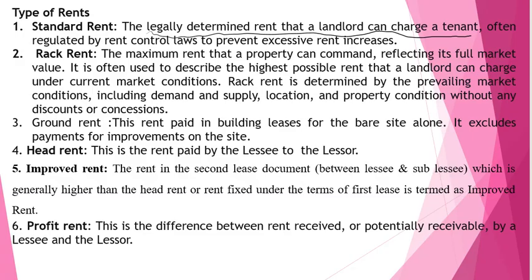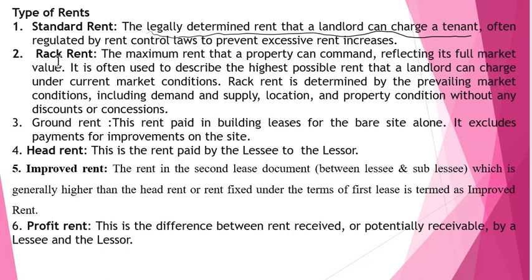Basically, every state has its rent control act, and under this act, either the tenant or the landlord can approach the court to fix the standard rent as per the rent control act of that state. So that rent which is legally determined by the court is called standard rent.